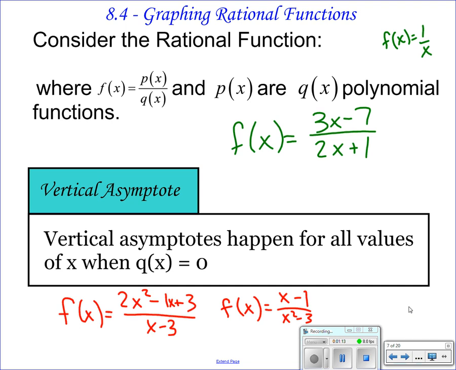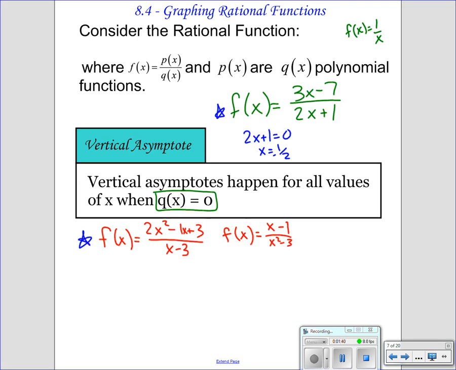But what we're going to worry about on this slide is the vertical asymptote. Vertical asymptotes happen for all values of x when the bottom equals 0. For our first example, 2x plus 1 equals 0, so x is negative 1/2. That's your asymptote.